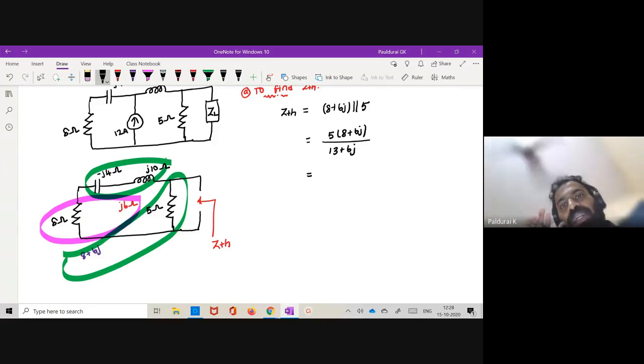It's very simple, right? Now use your calculator to get ZTH and let me know the value in both polar as well as rectangular form.